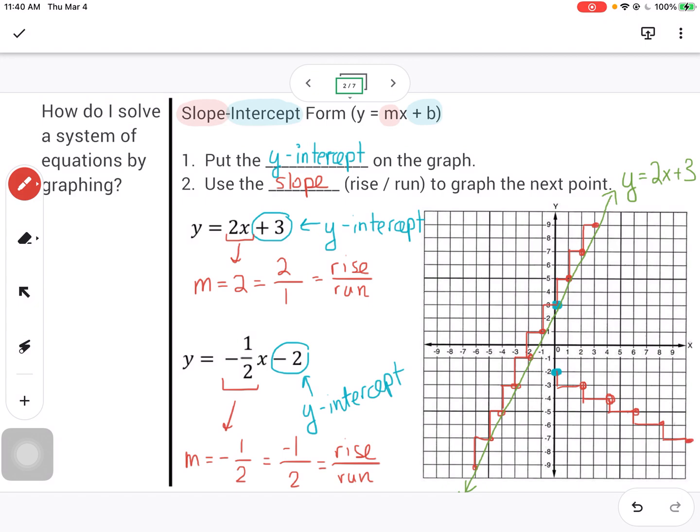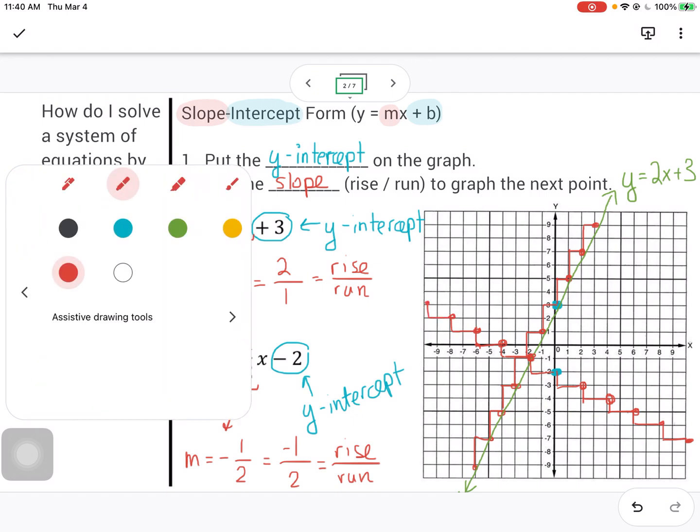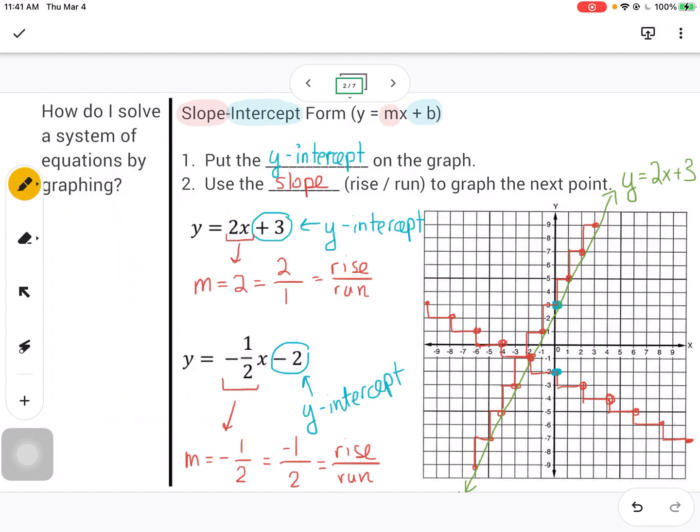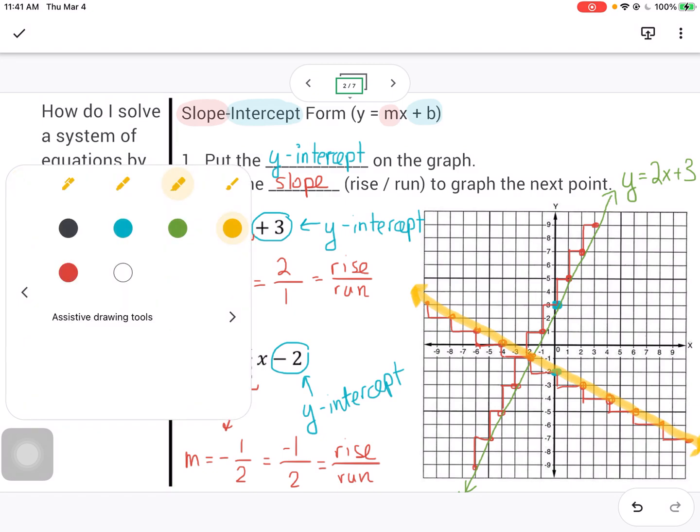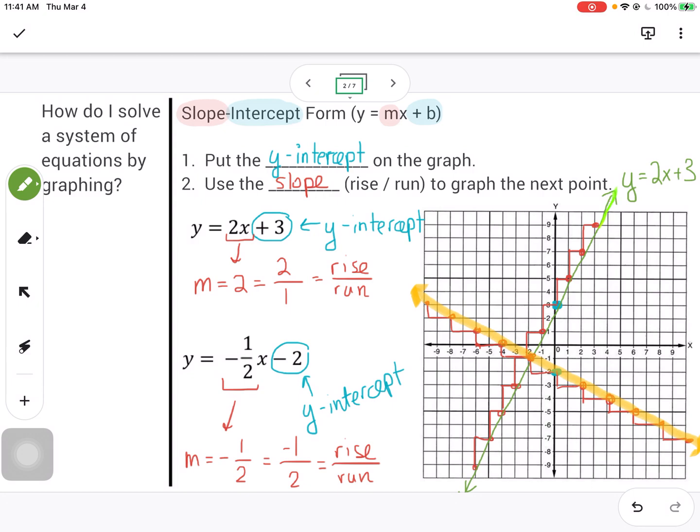And we can go backwards too: over 2, up 1, over 2, up 1. And I can use that to draw our line. So I'm going to make the other line a little bit clearer too.